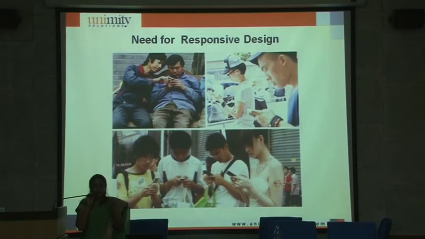So it is important that while we may have apps that cater to specific needs, websites are built in such a way that they are responsive and work on all devices.